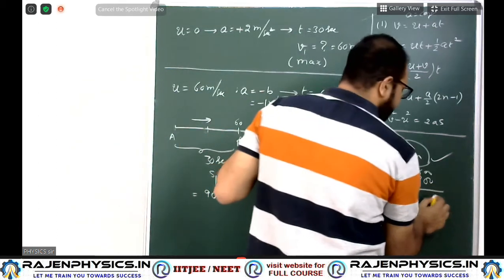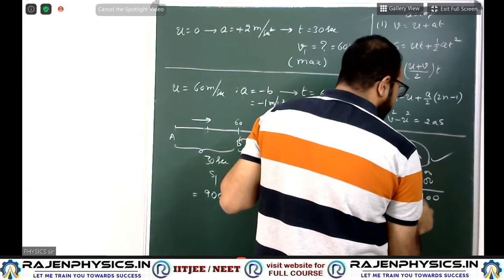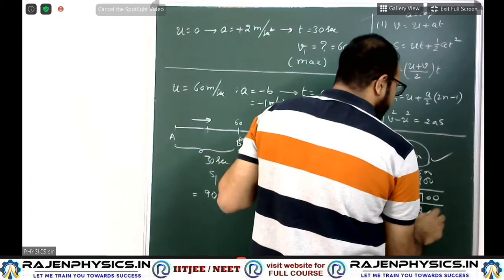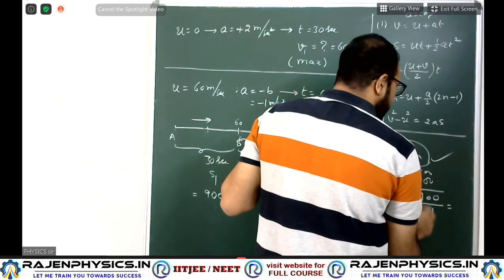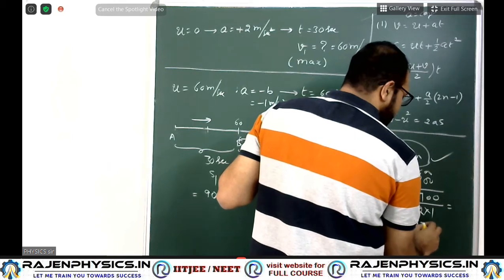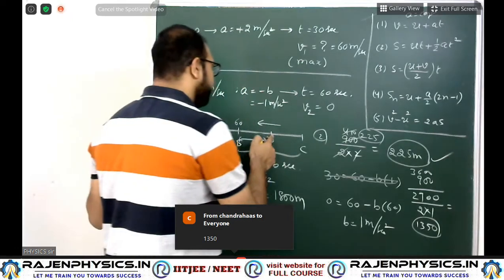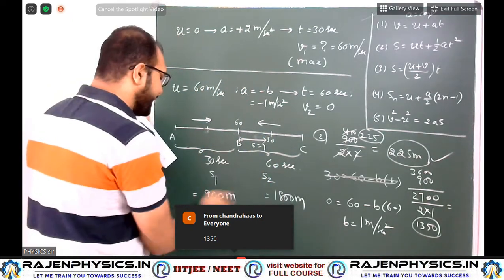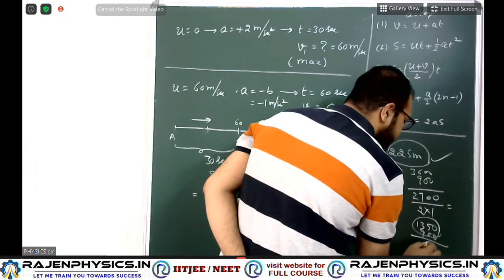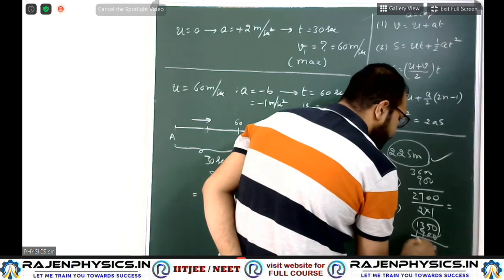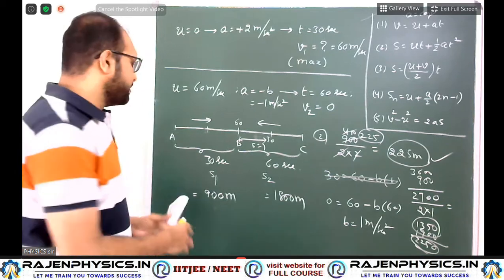So 2700 divided by 2 into a, which is 1. So 2700 by 2 is 1350. But the 1350 is from 900 onwards. 1350 plus 900 is 2250.